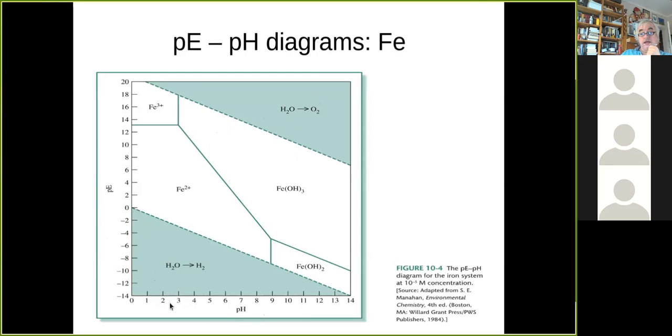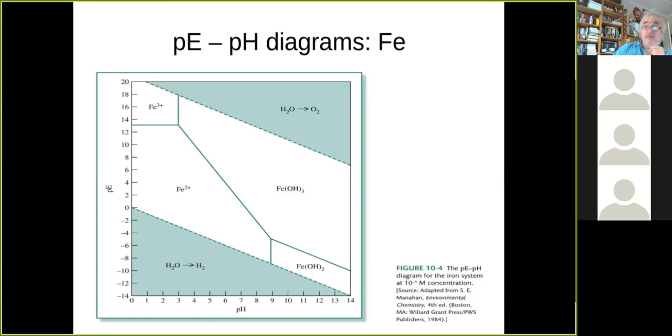So here, when we have such a map, it's quite easy to use it. For example, if I ask you, in a reducing environment where PE is 2 and pH is 4, a weakly acidic reducing environment, what is the state of iron?